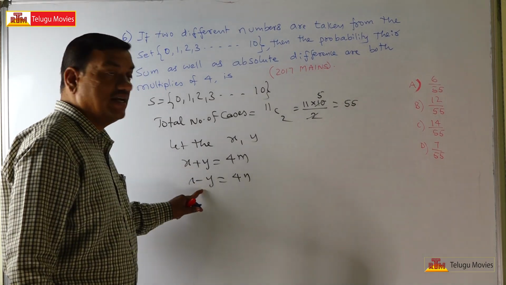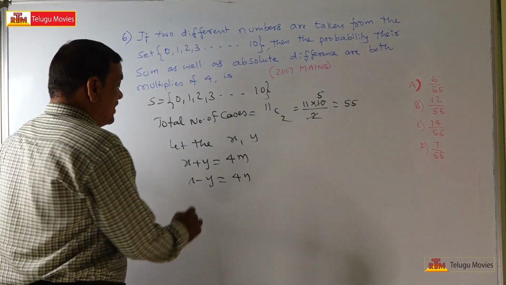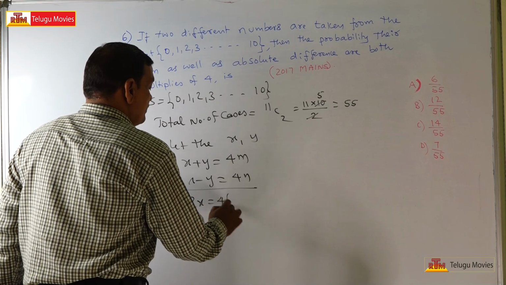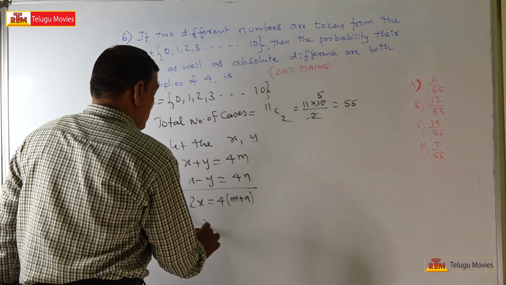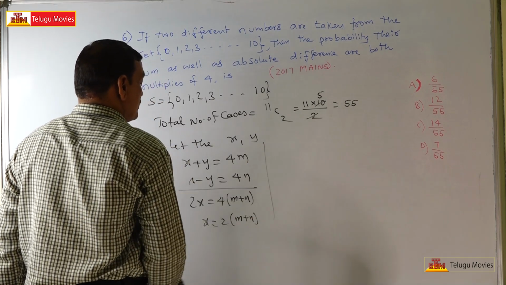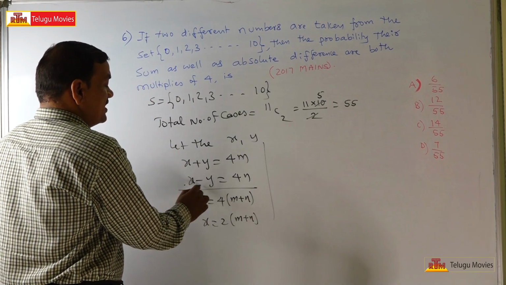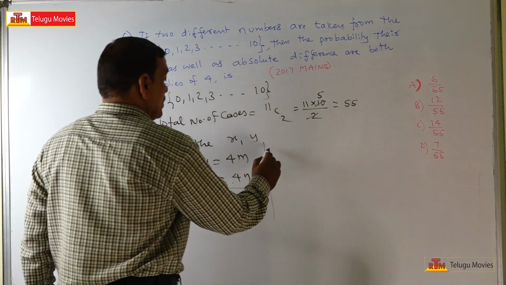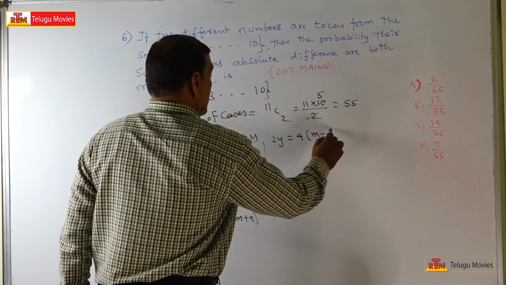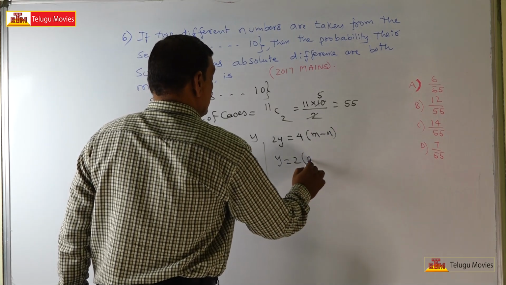Let us add these two: 2x is equal to 4 times (m plus n), so x is equal to 2 times (m plus n). At the same time, if you subtract, 2y is equal to 4 times (m minus n), so y is equal to 2 times (m minus n).